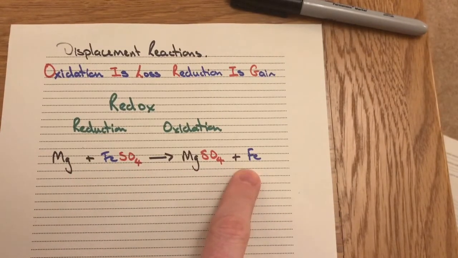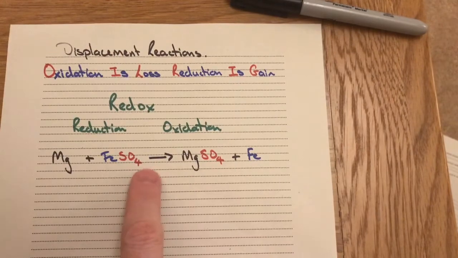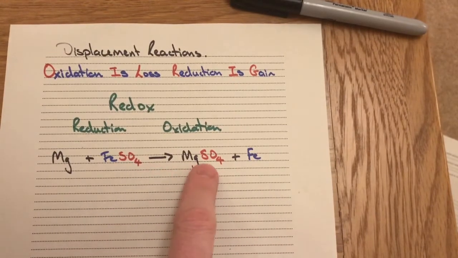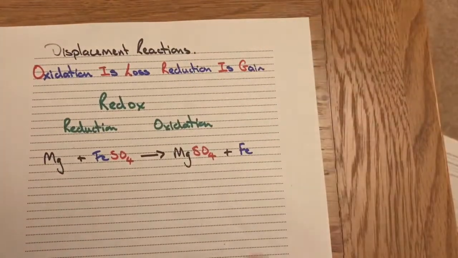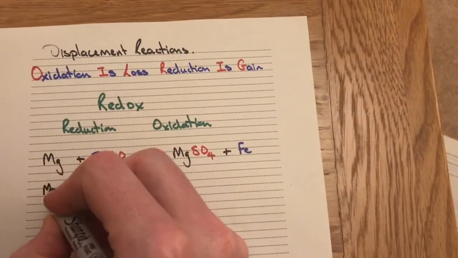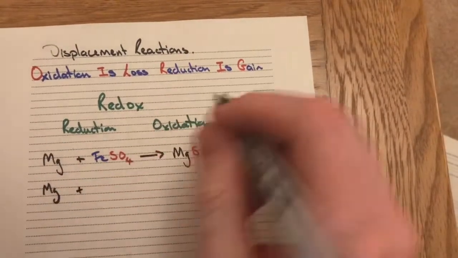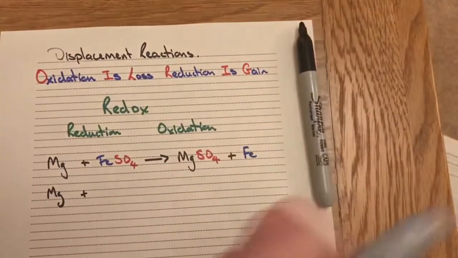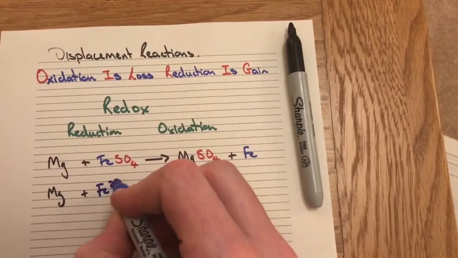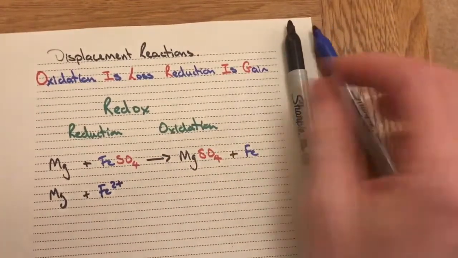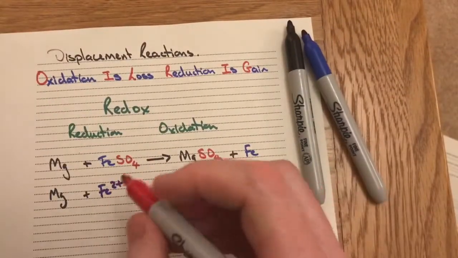Now the reason I've put these two in red is because they're actually spectator ions. If I separate this out into the charges, I will end up with magnesium plus my iron. This is an ionic compound, so here I'm going to get Fe2+, and then I will get SO4 2-.